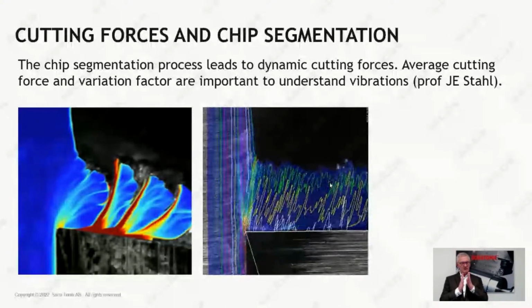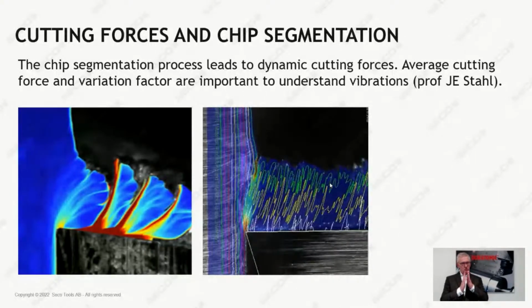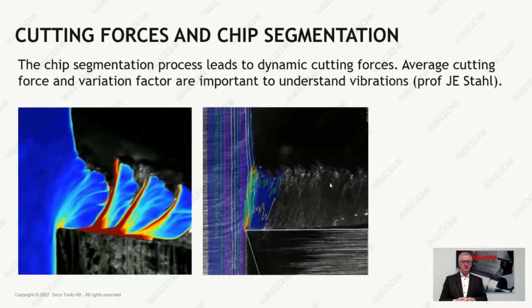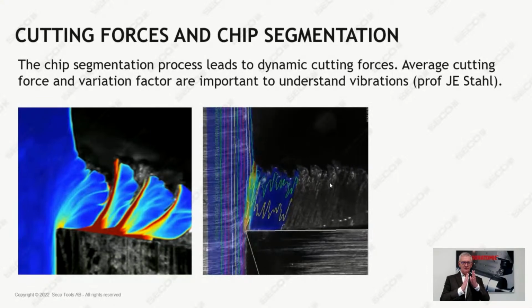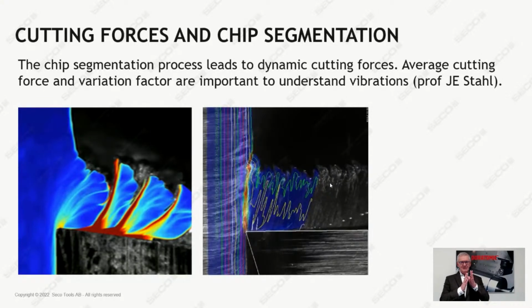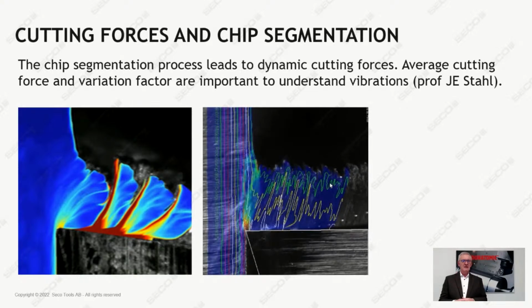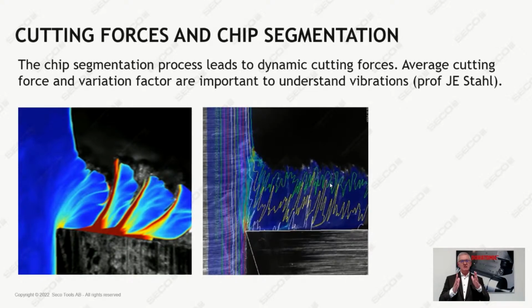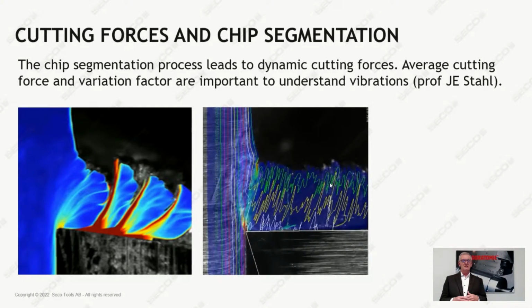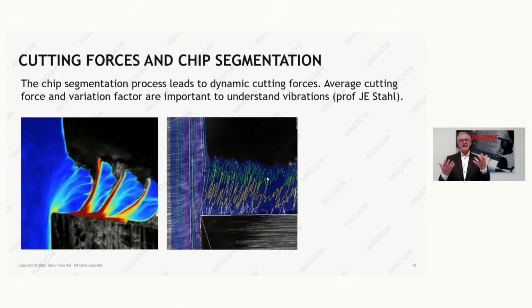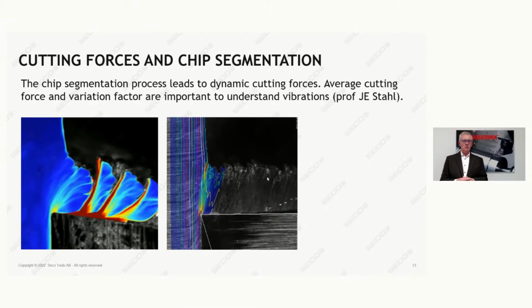The chips kind of want to come loose from each other, but that process is limited or interfered with because the material of the segment shows a strain hardening effect, and that leads to the chip working on the cutting edge like a little hammer.